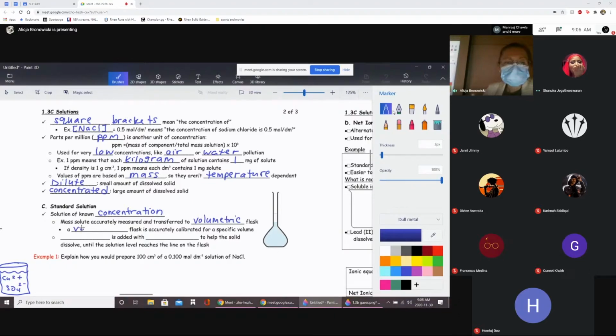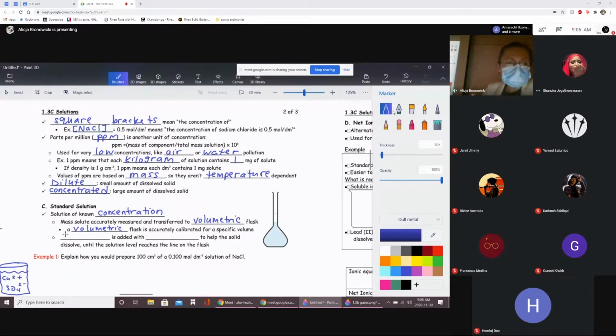Okay, so when you see your lab equipment that looks like this, that is a volumetric flask, right? And it's very precise. So we use it to measure out something called a standard solution. Okay, it's accurately calibrated for a specific volume.